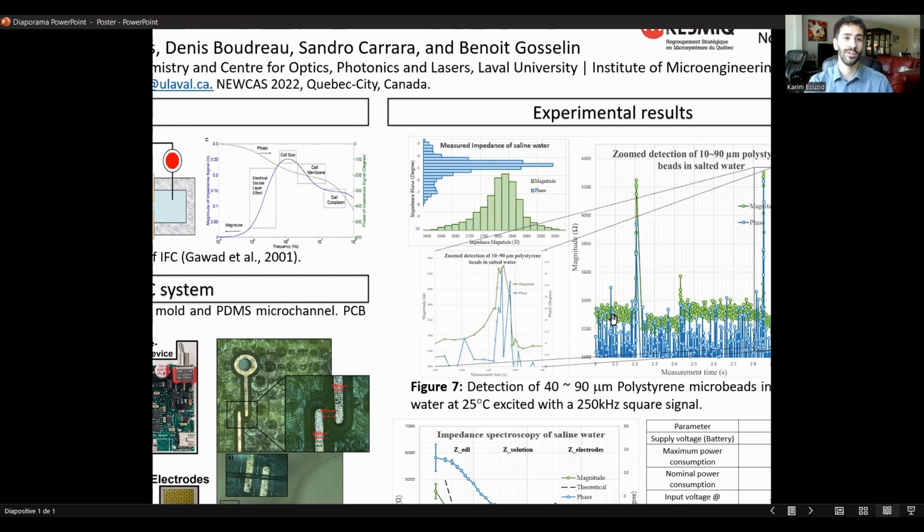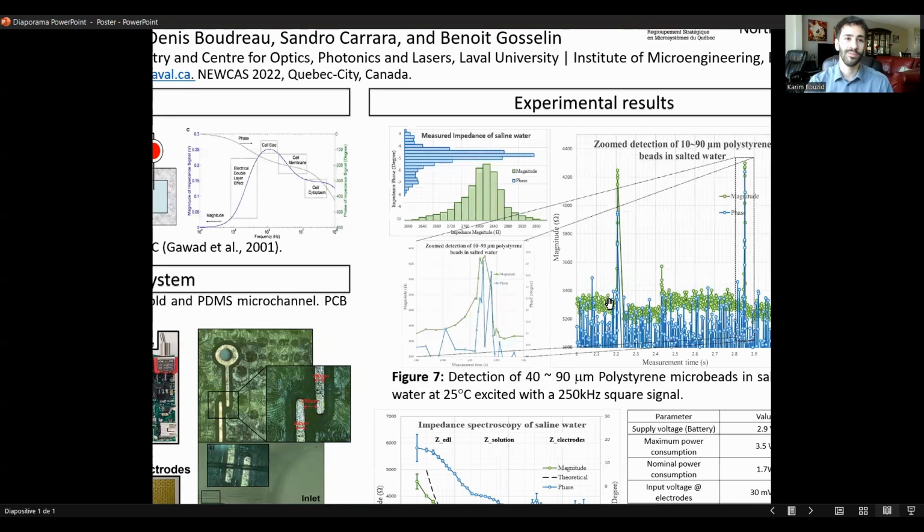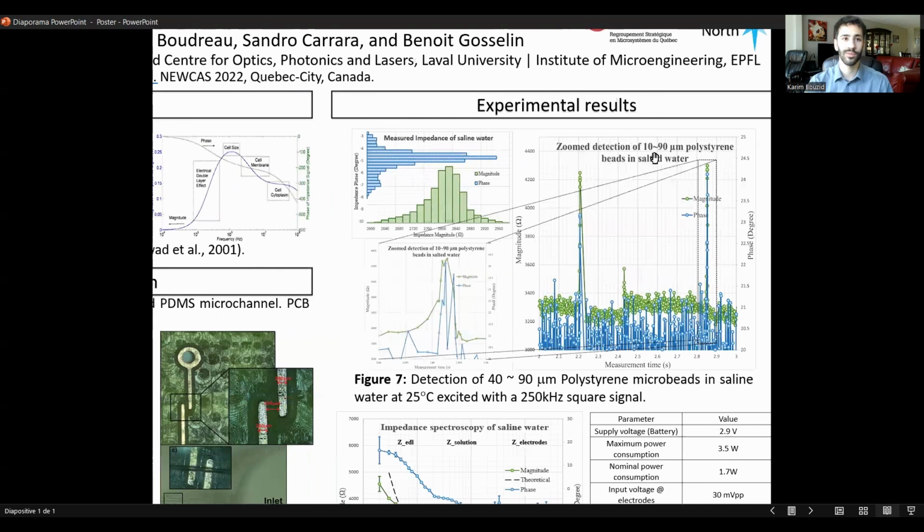And then when a bead passes inside the channel, there is suddenly a big spike in the impedance variation. The size of that impedance variation depends on the size of the particle that has passed in the channel. So for example, this one would probably be an 80 micron polystyrene bead, whereas this one would be a much smaller one, maybe 40 micron in size.